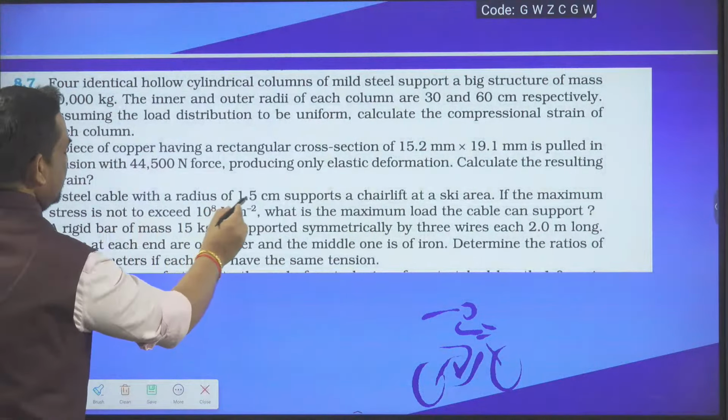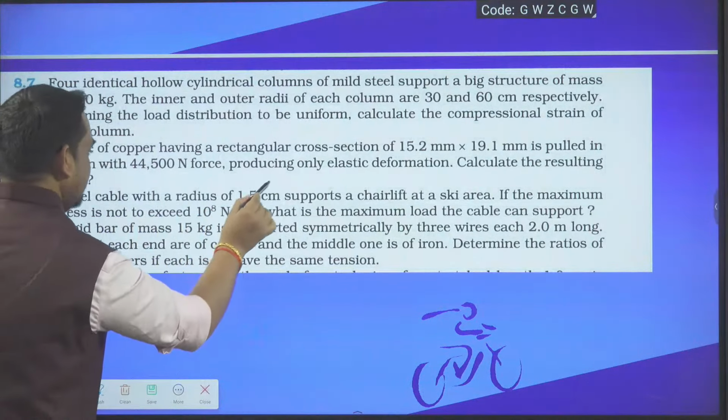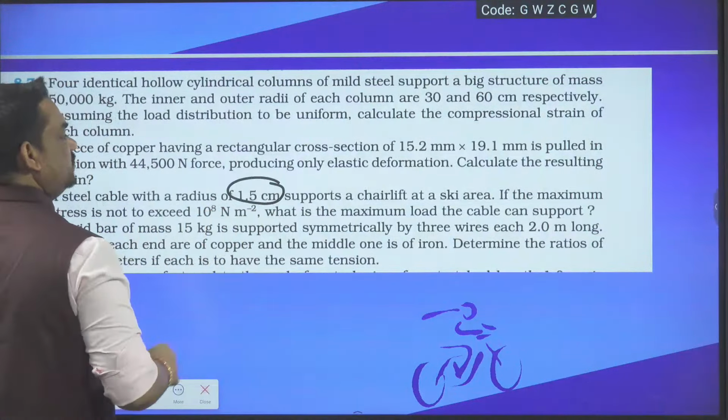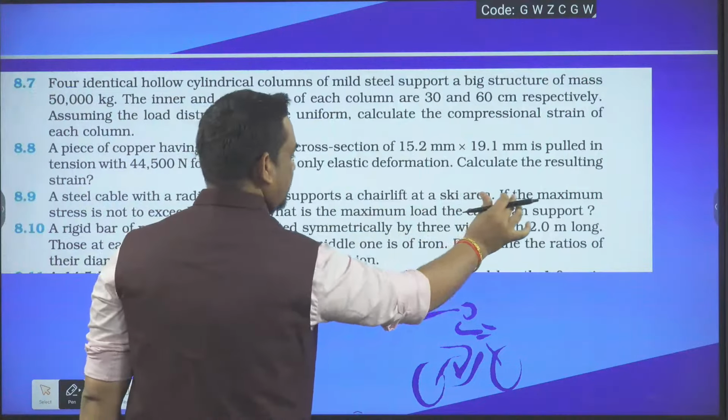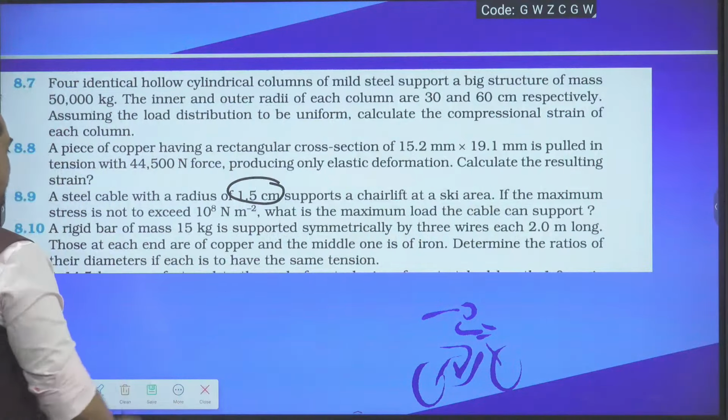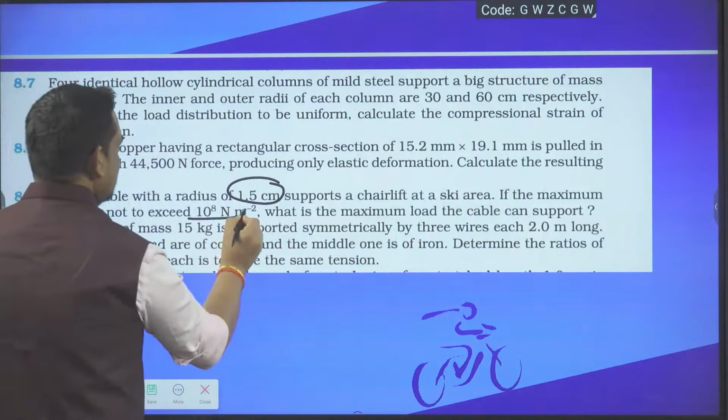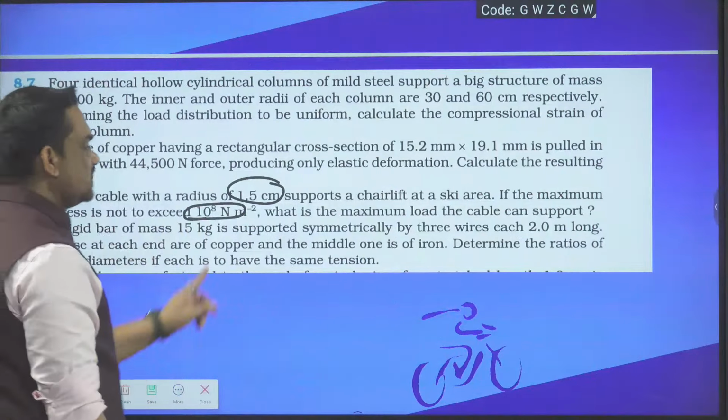A steel cable with the radius given here supports a chair lift at a ski area. The maximum stress is not to exceed this, meaning this is the breaking stress, the maximum load it can support.